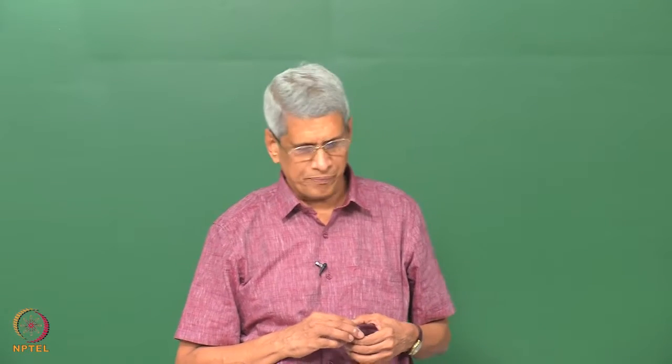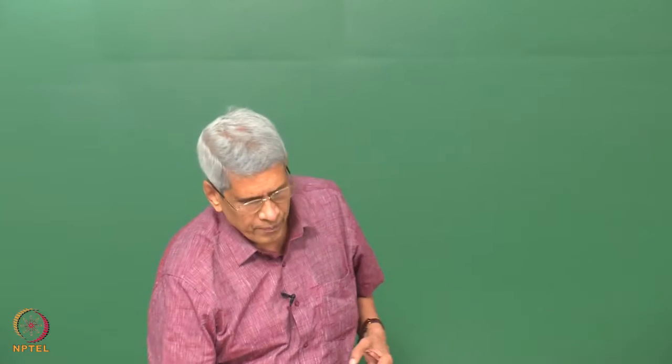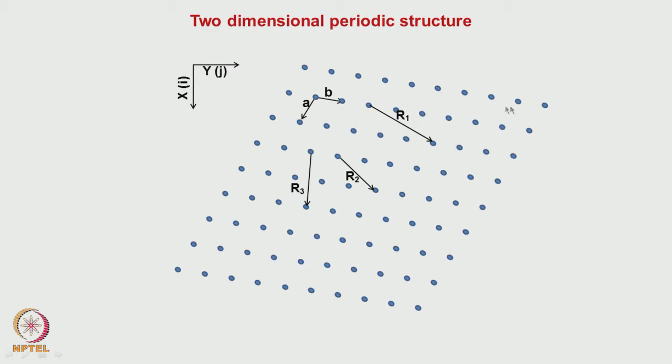Here I have just shown a two-dimensional periodic lattice. With respect to an orthonormal coordinate system, these vectors A and B can be represented in this particular fashion, right?